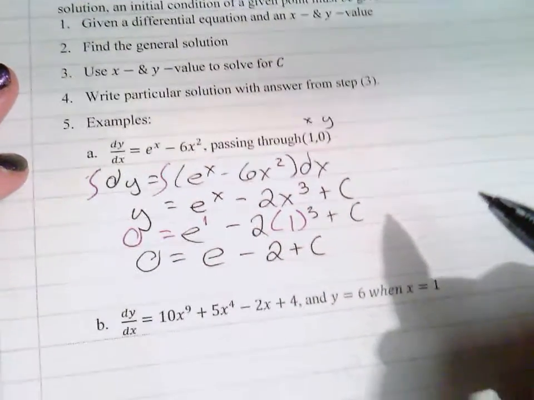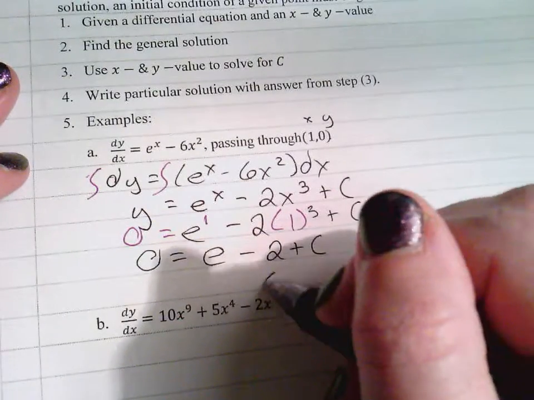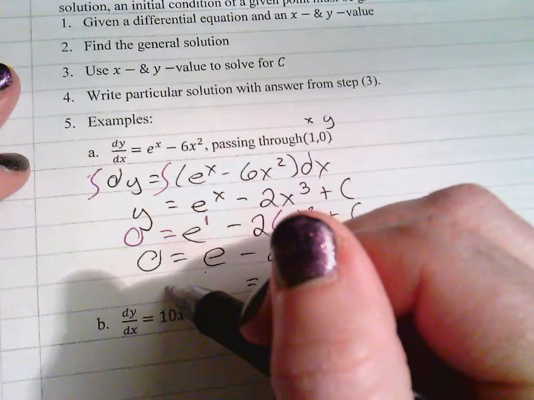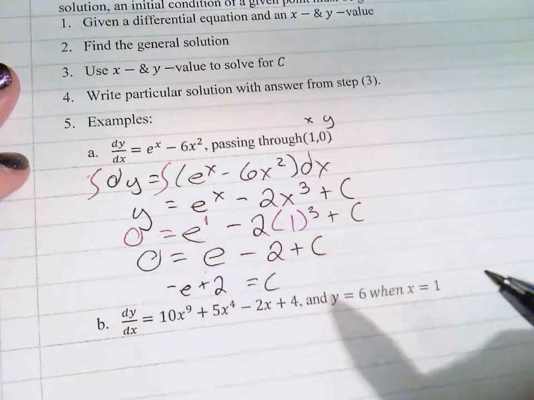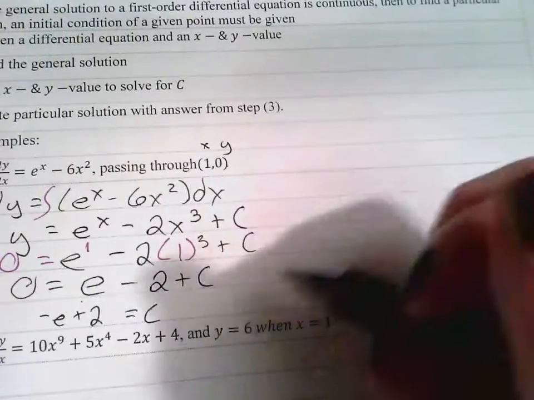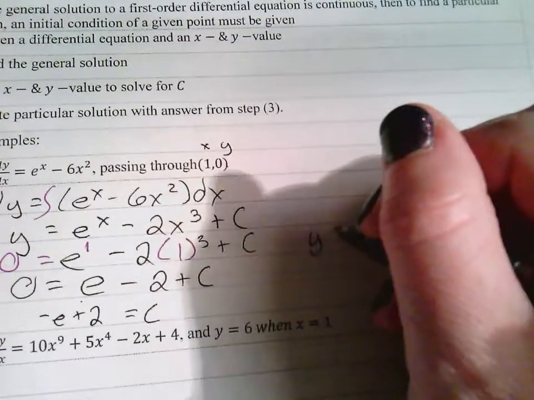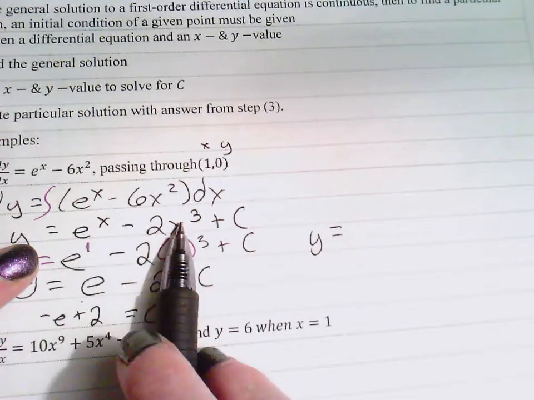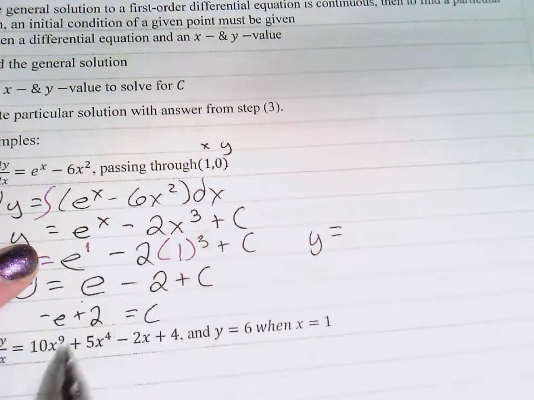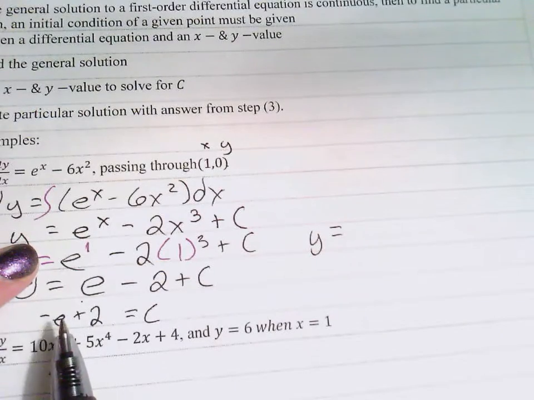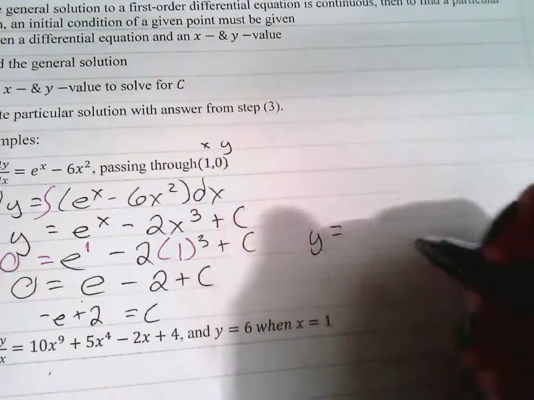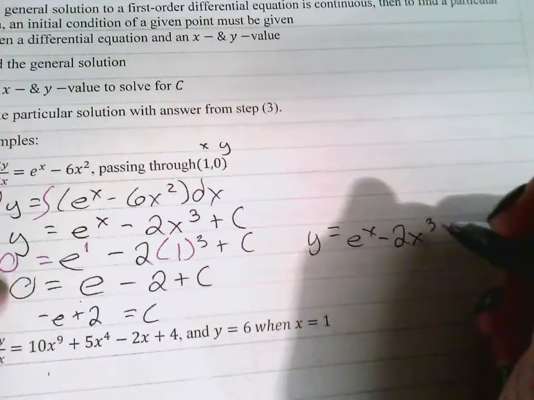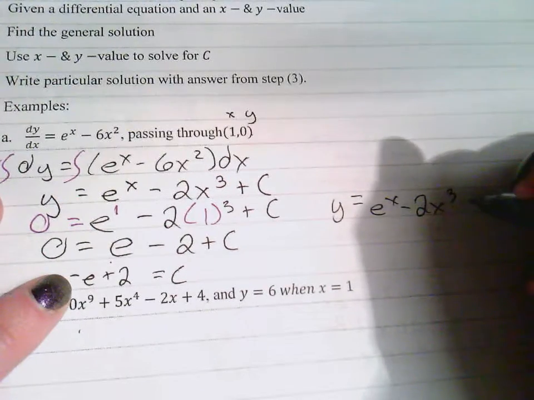So c is going to become, subtract e, plus 2, negative e plus 2, or you could say 2 minus e. So your final answer is going to be y equals e to the x minus 2x cubed plus, or minus e plus 2. So e to the x minus 2x cubed, and c is minus e plus 2.